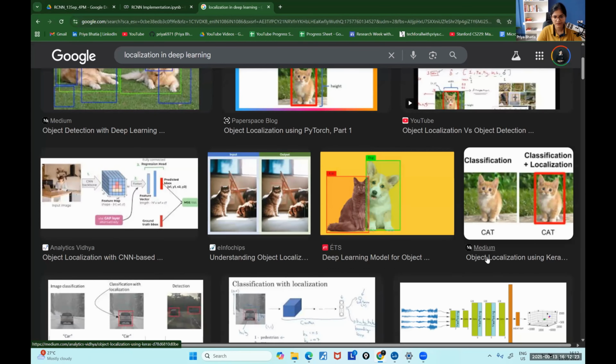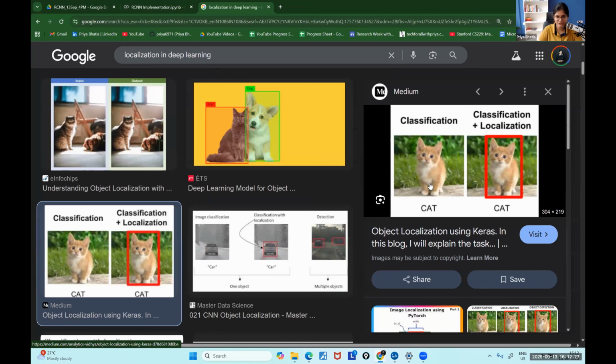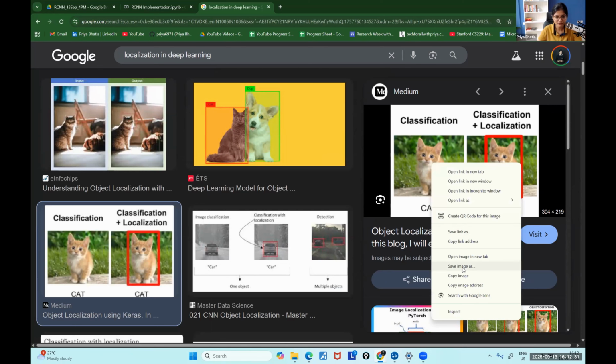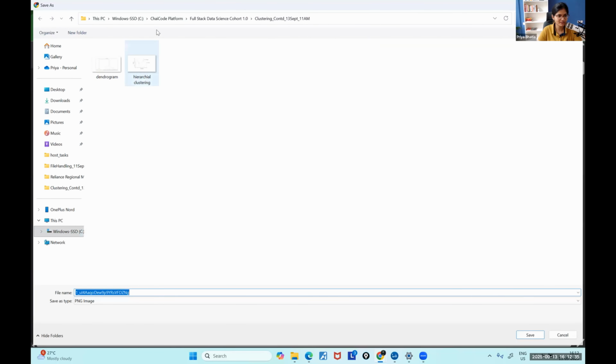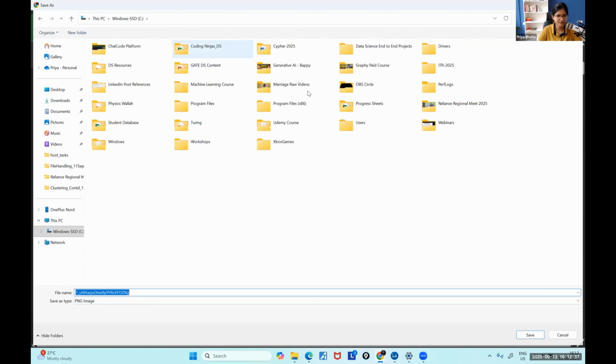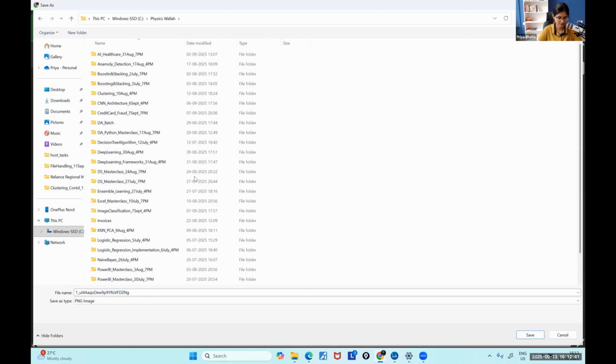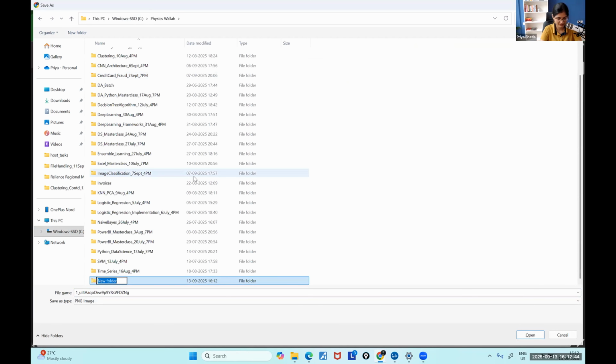So here, this is the main difference between classification versus localization. For example, if you see this image very carefully, can you see the difference? What is the difference over here in this image? Let's first of all save this and then we can discuss further.